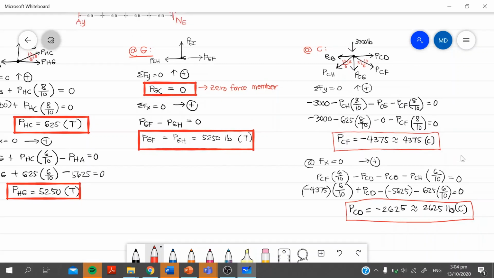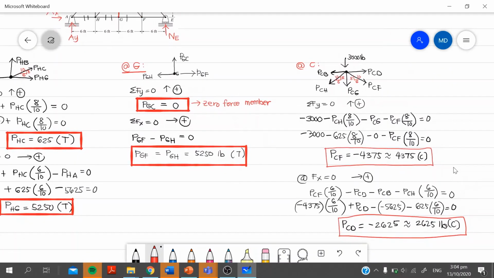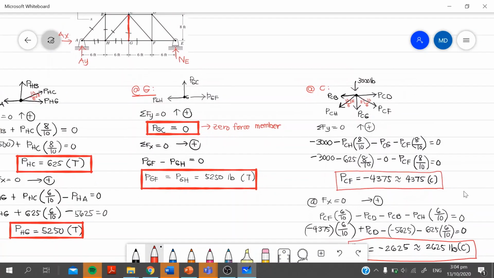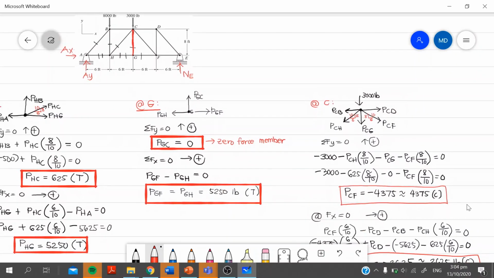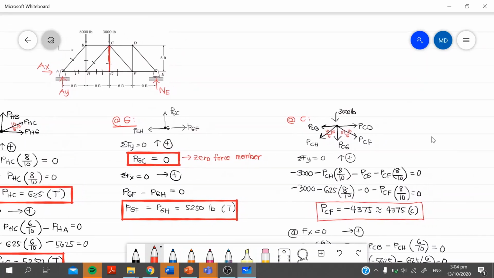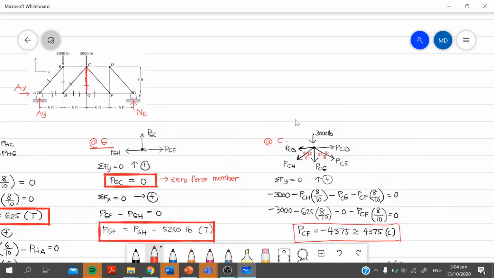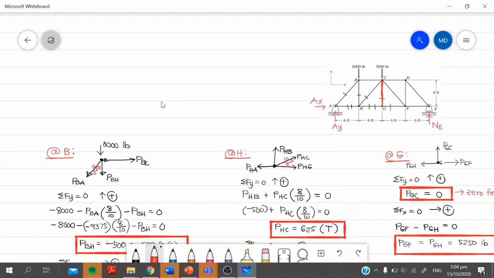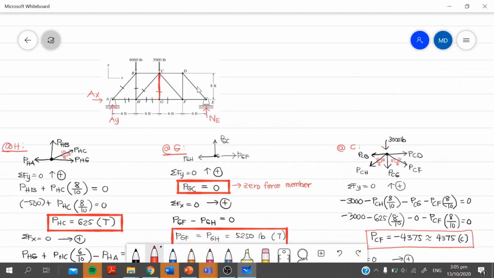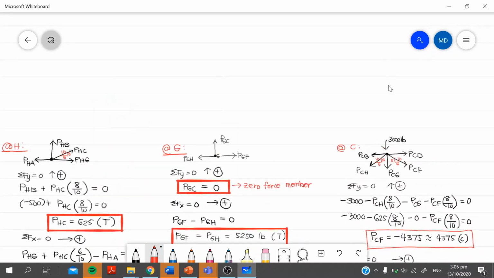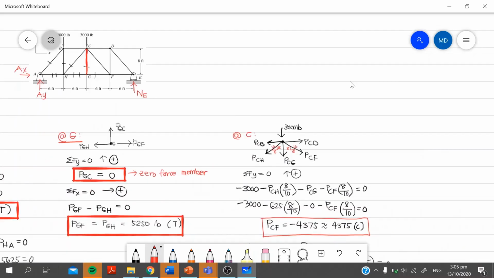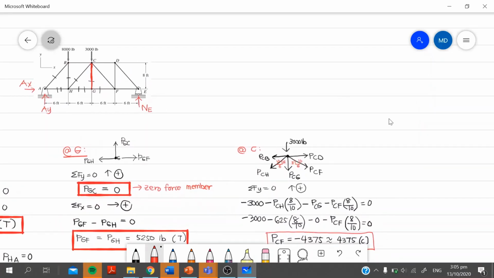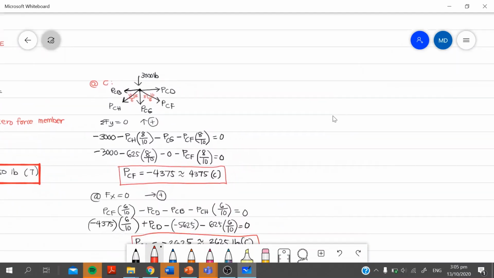Okay, alright. We're done now at joint C. Now let's move on to joint F. So what is attached at joint F?